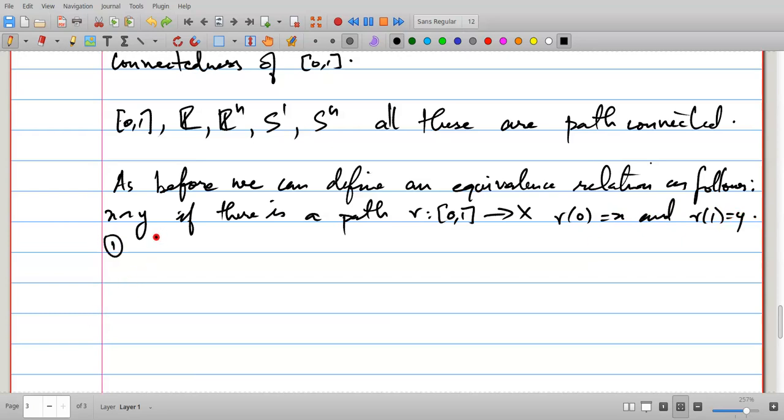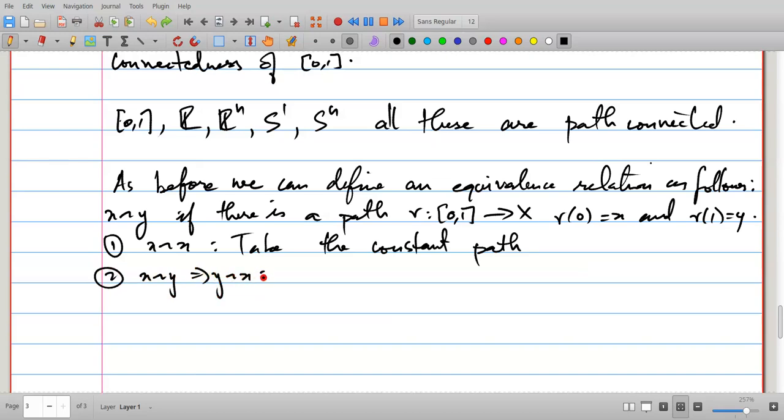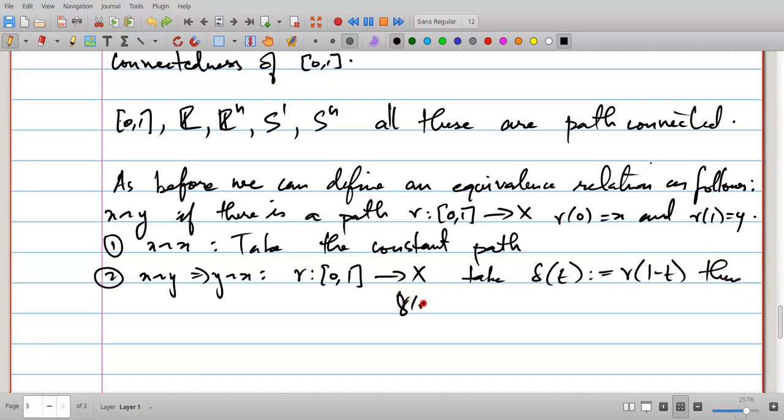So once again, let us check this is an equivalence relation. x is equivalent to x, this is clear. So take the constant path, which is obviously continuous. If x is equivalent to y, then we have to show that y is equivalent to x. So we start with gamma, which is the path from x to y, and then define delta of t to be gamma of 1 minus t. Then delta of 0 is y, and delta of 1 is x. So we just travel the path gamma in the reverse direction.